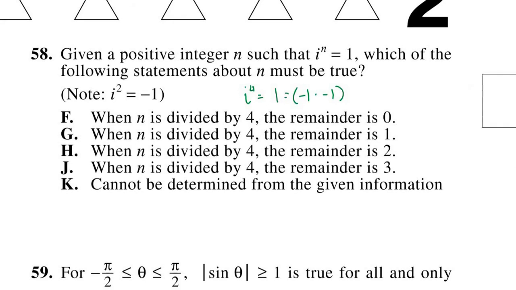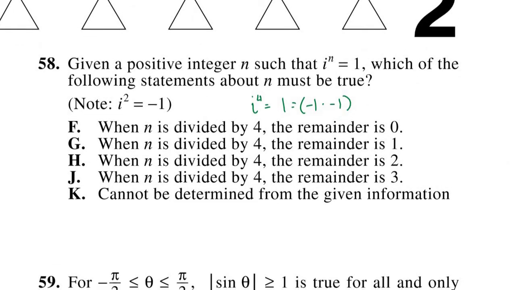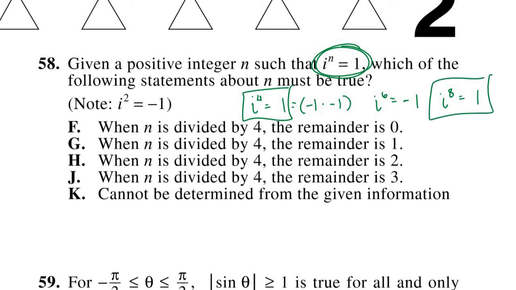If we did i to the 6th, it would again be equal to negative 1. If we did i to the 8th, it would be equal to positive 1. So when i to the power of n is equal to positive 1, we know that's the case when n is equal to 4 and when n is equal to 8, and that trend would continue each time you go up by 4.